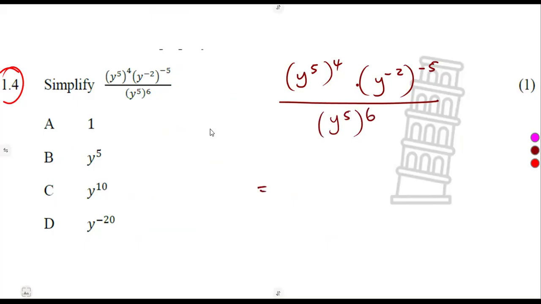All right, so let's figure out. Laws of exponents, we do understand when x is being raised to the exponent of a and to the exponent of b, we can multiply the exponents together, a times b. So that is the condition here, exponent to exponent. So that was going to be y to the exponent of 5 times 4, which is 20. The same thing, the -2 and the -5.